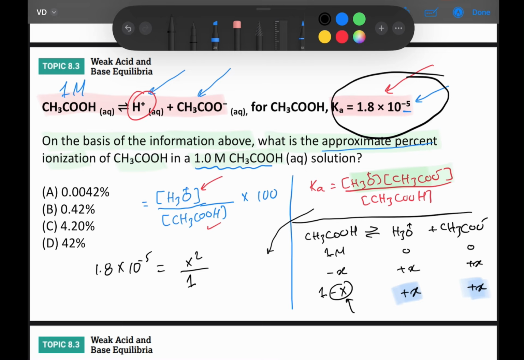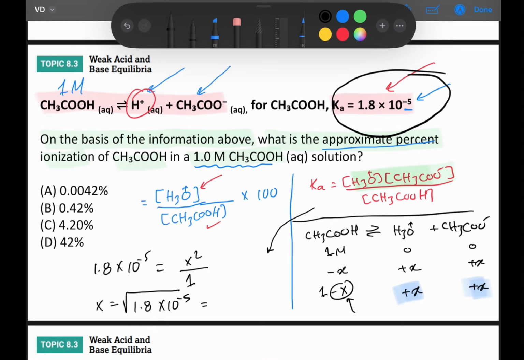So the value of x is equal to the square root, and the value of x is equal to 0.00424.